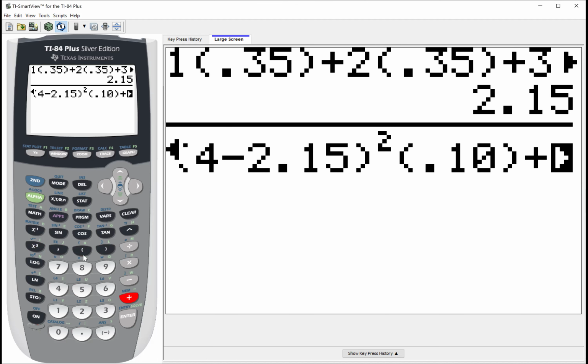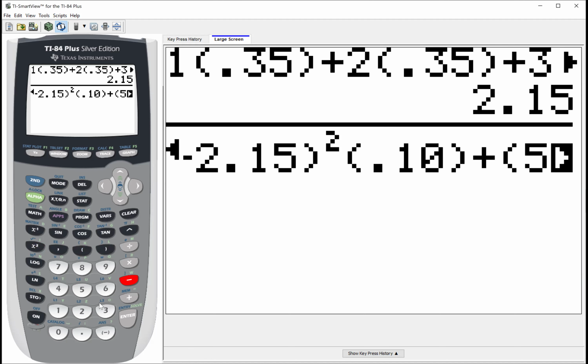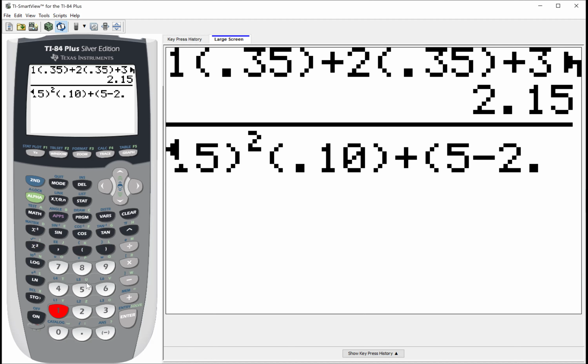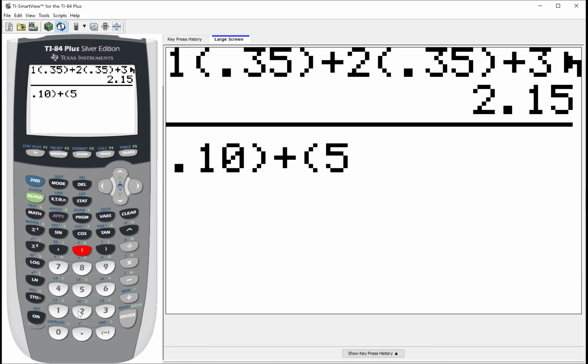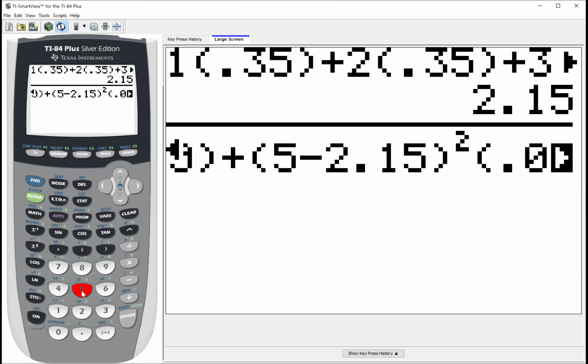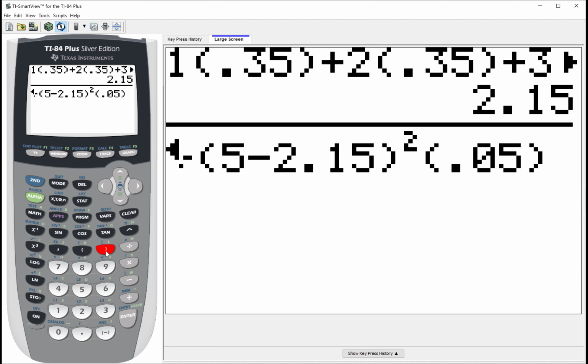And then last we have plus 5 minus 2.15 squared times 0.05. And now we could hit enter.